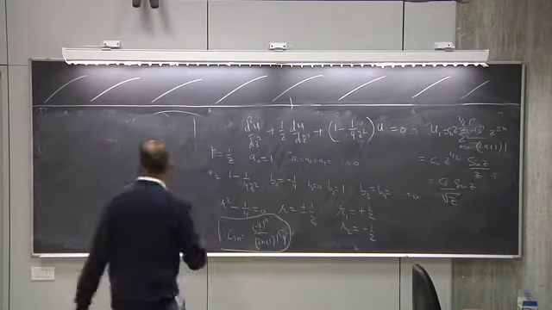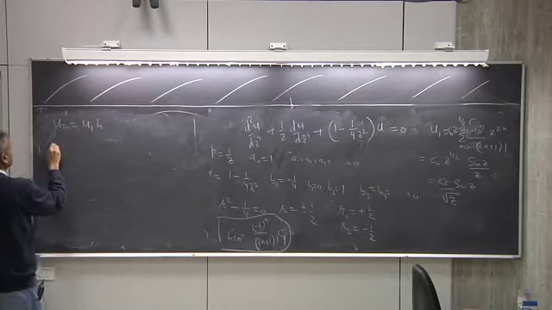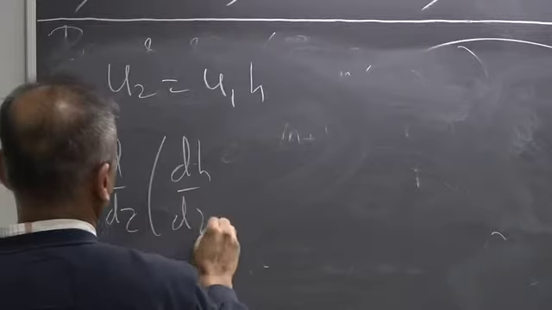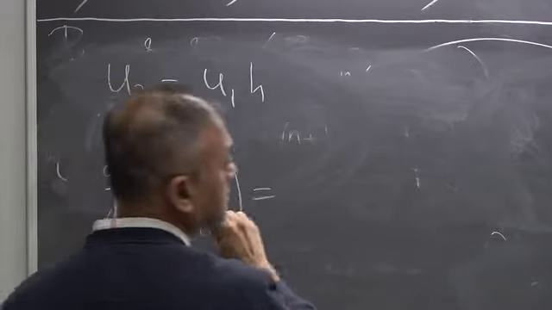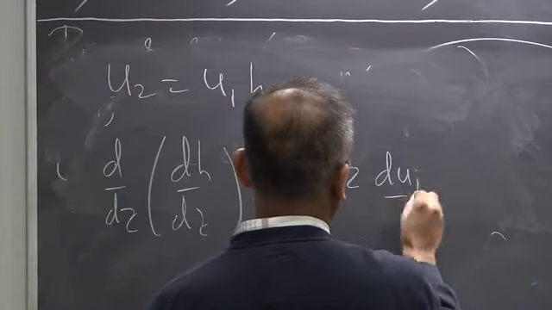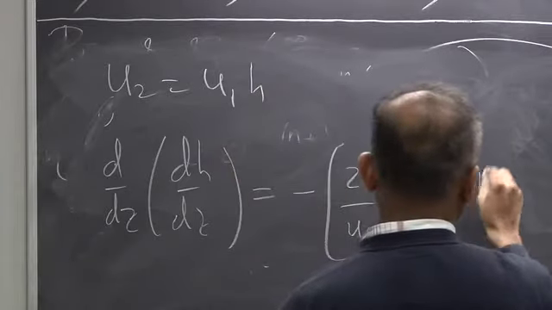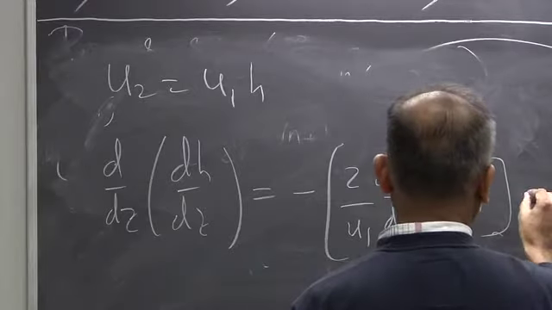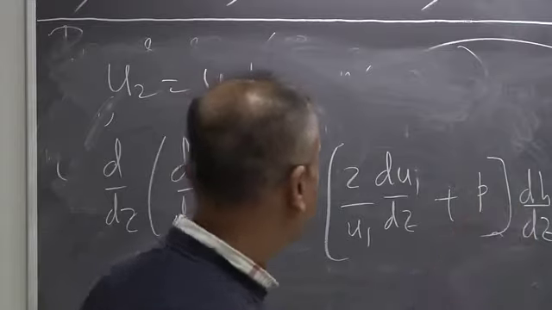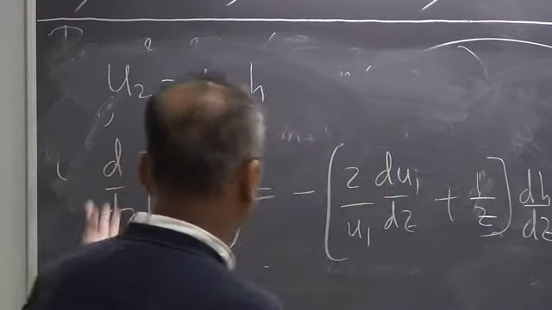So write u2 is u1 times h, and d by dz of dh by dz equal to minus 2 du1 by dz over u1 plus p, and then times dh by dz. Right? This was the equation. So p for us is 1 over z. Substitute that, and then we just integrate.